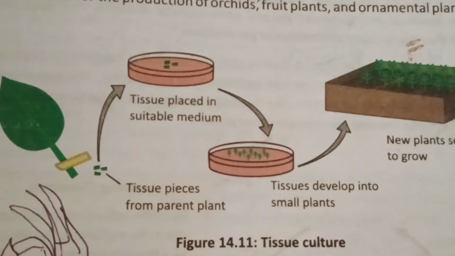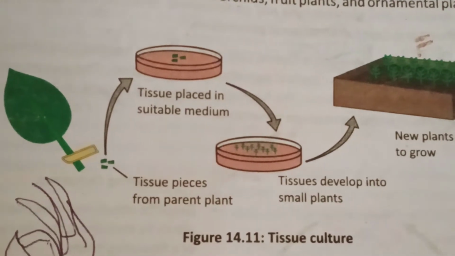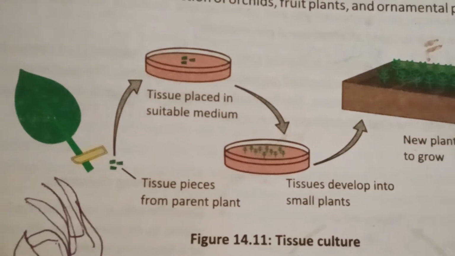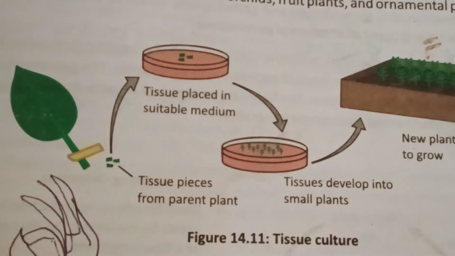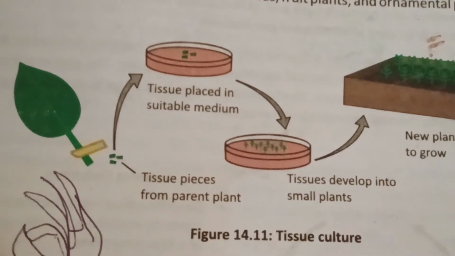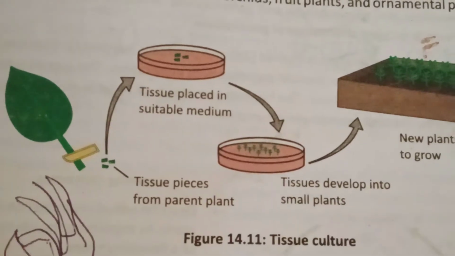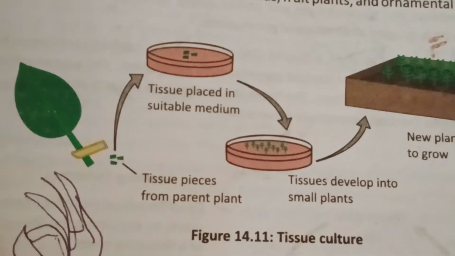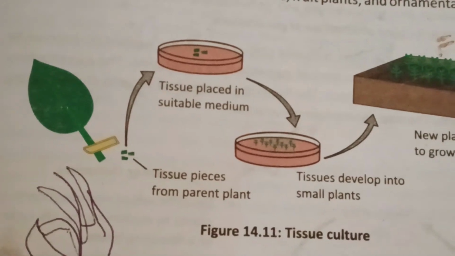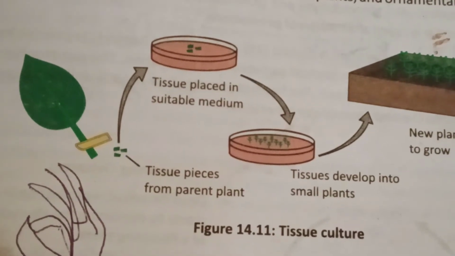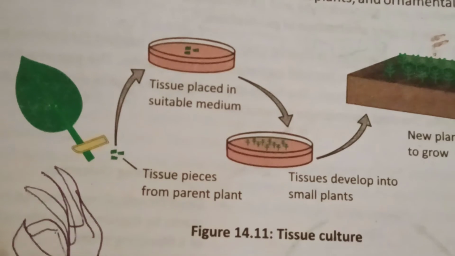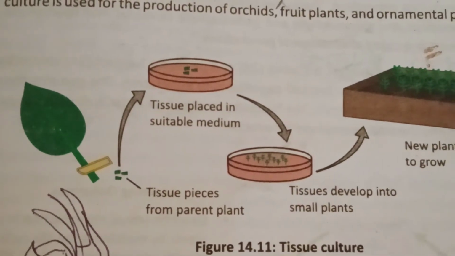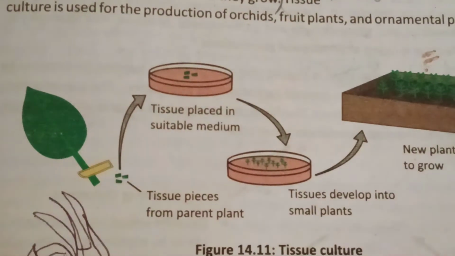This is the latest method of vegetative propagation, and in this method identical offspring are produced from a single parent using its vegetative tissue or cell. Tissue culture is the technique applied in this method. Tissues are taken from any part of the plant and are put into a suitable nutrient medium. This medium has nutrients.